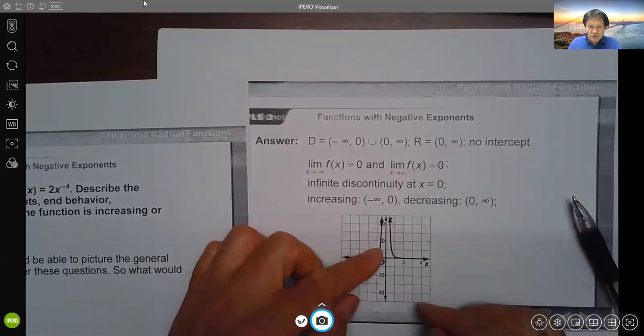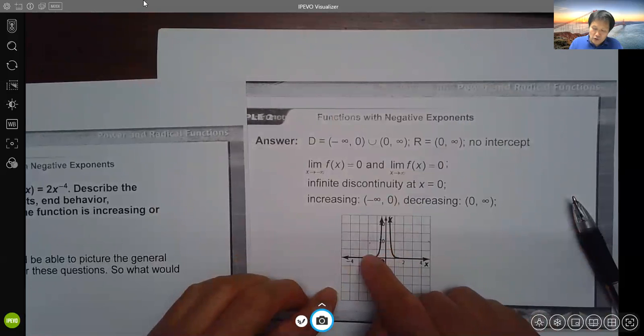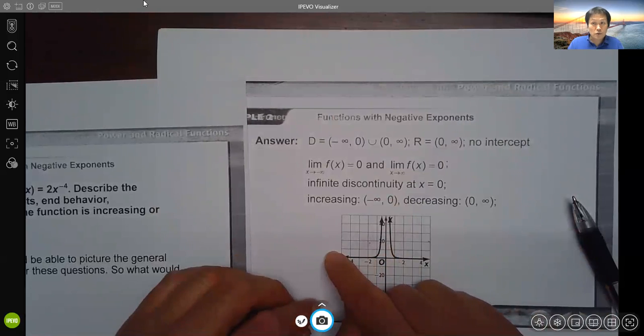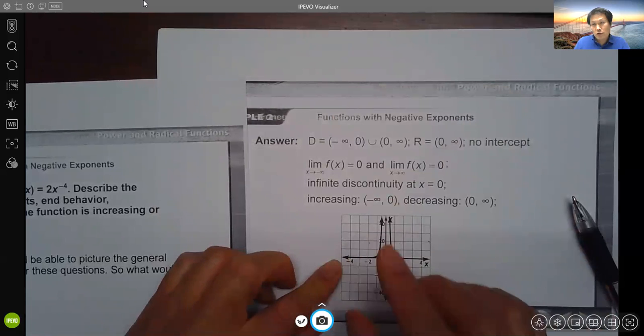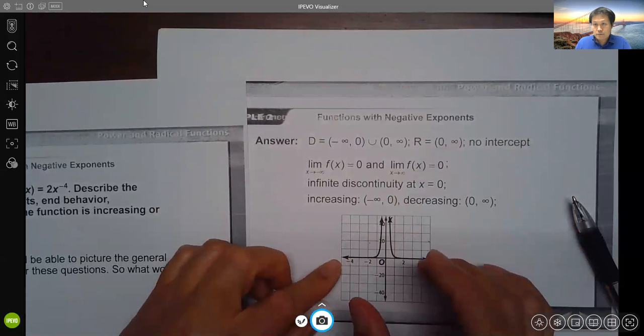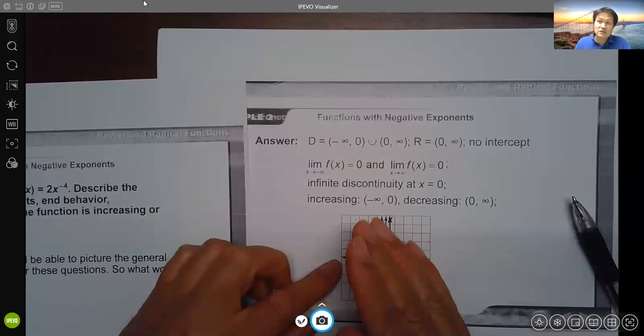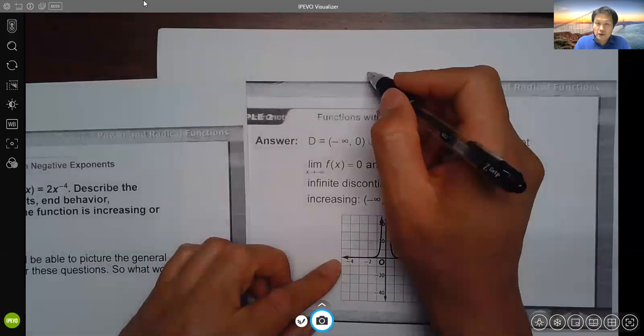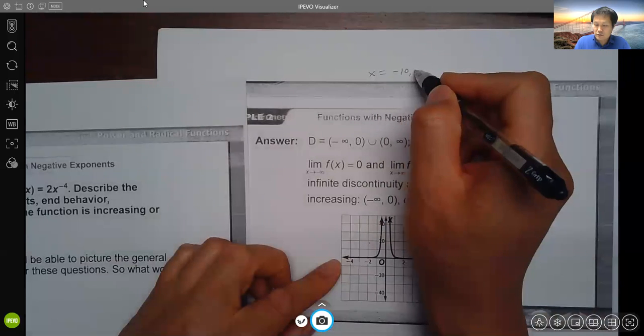What happened to the left hand? As you keep going to the left, what happened to the y value? It approaches 0. You might say, well, how am I supposed to know that? You can use your graphing calculator and plug in an x value as a very, very small number, like minus 10,000.